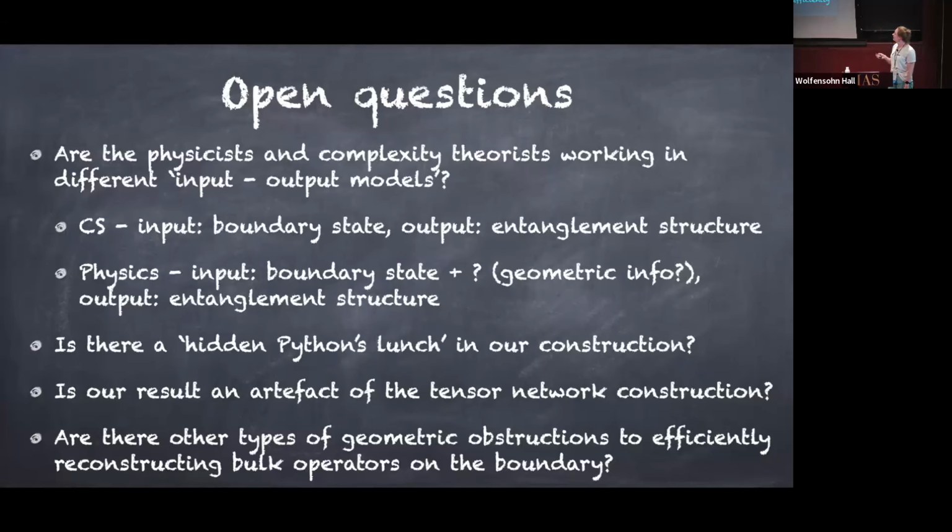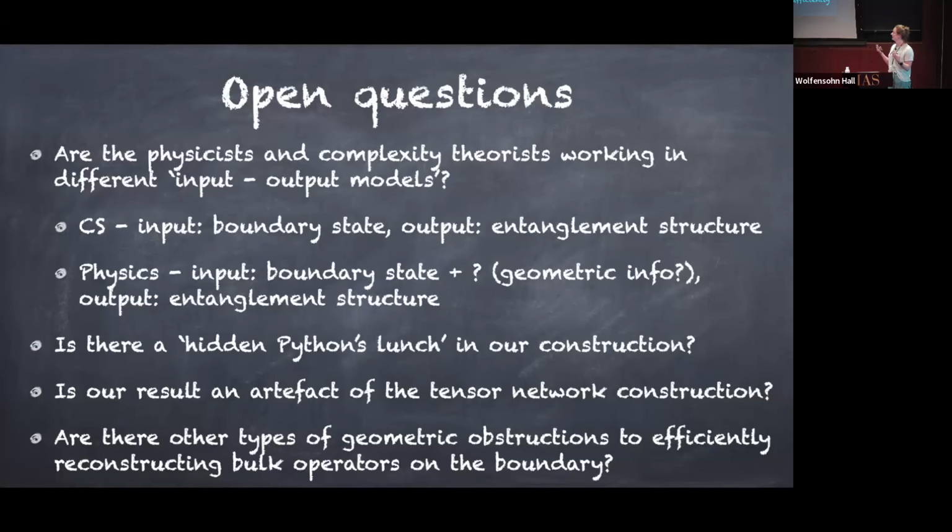In physics, it seems from the physics papers, you are given the boundary state, but often there seems to be some kind of implicit or sometimes explicit assumption that you also have some information about the bulk geometry. For example, in the HKLL algorithm, I think you know the boundary geometry and you're computing fields around that geometry. So is this just talking across purposes?